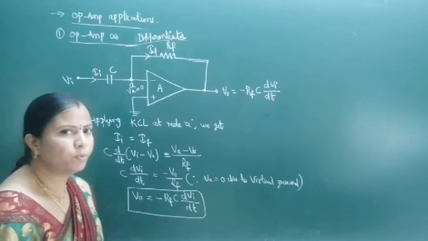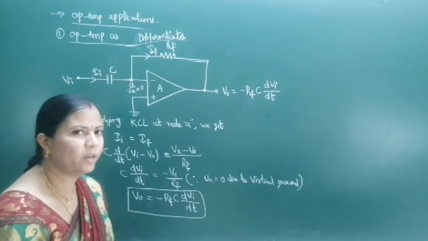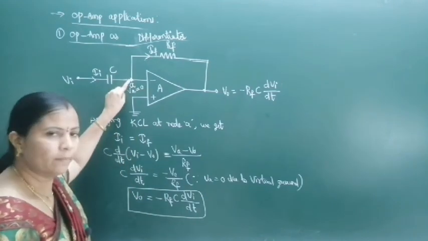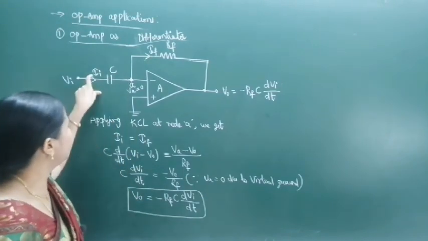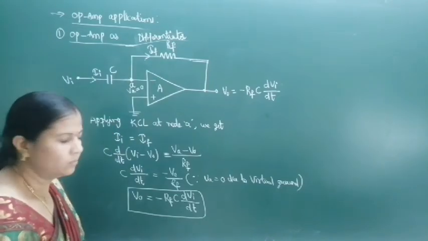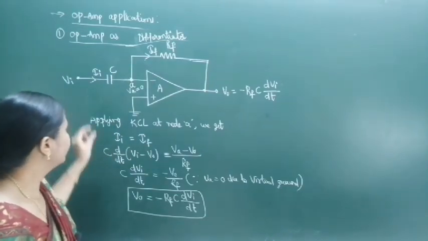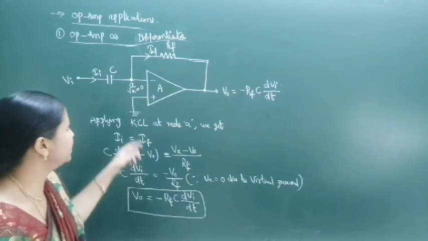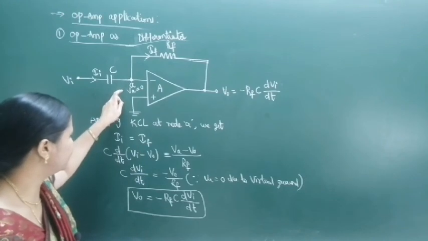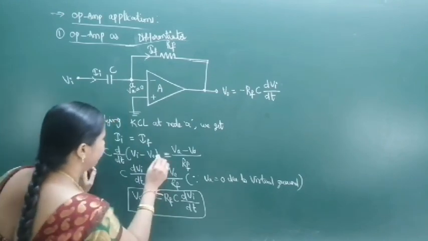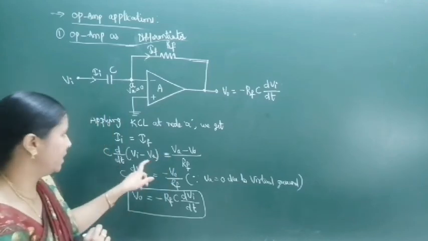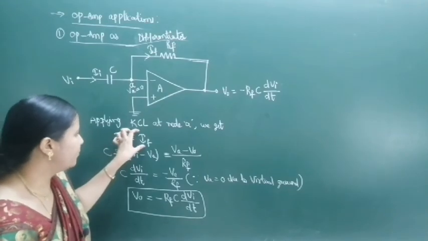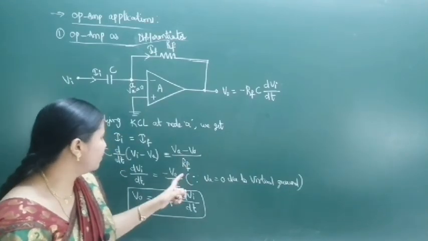To find the output voltage of the operational amplifier as a differentiator, we apply Kirchhoff's current law at node A. Then the input current equals the feedback current. The input current is equal to the capacitor into the rate of change of (Vi minus VA), that is C d/dt of (Vi minus VA), and the feedback current is equal to (VA minus Vo) by Rf.